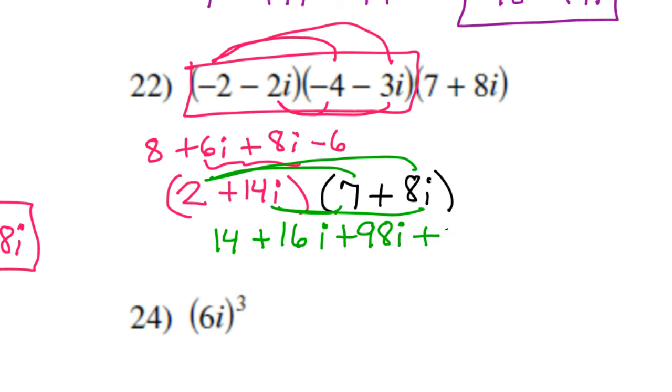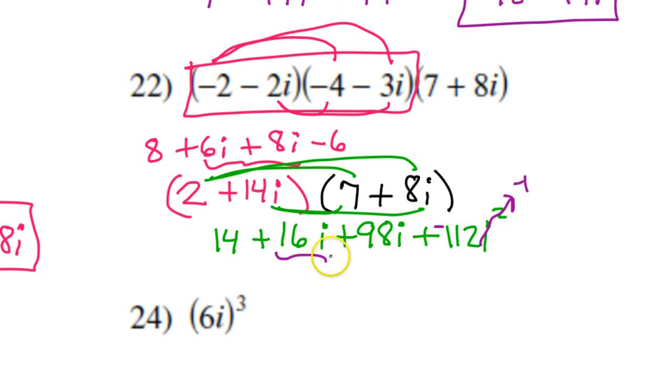Now 14 times 8 is 112, so for a second I've got 112i squared. But again, i squared is negative 1, so that's going to change this to a negative 112. All right, so then I can go ahead and combine like terms.